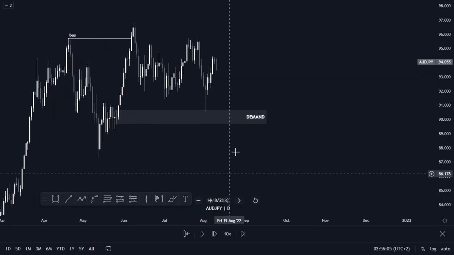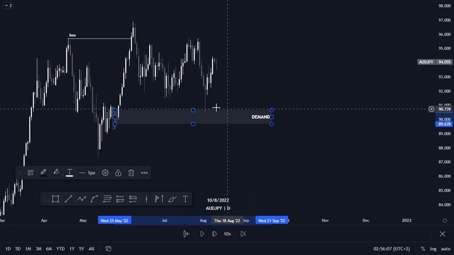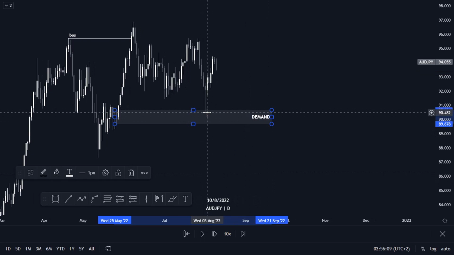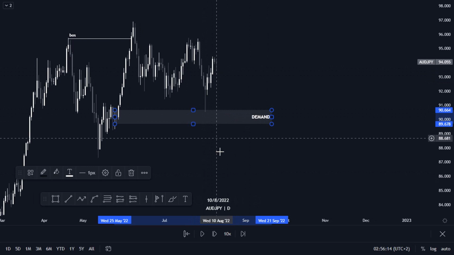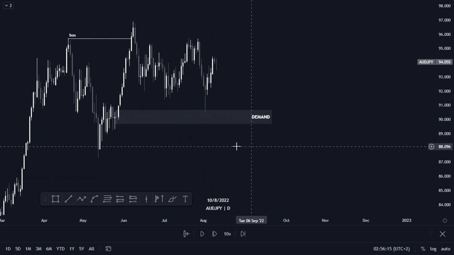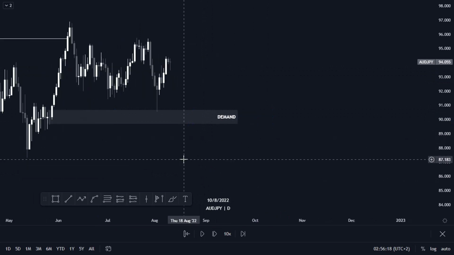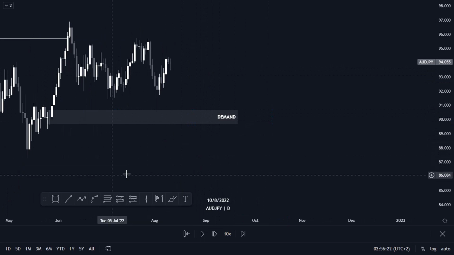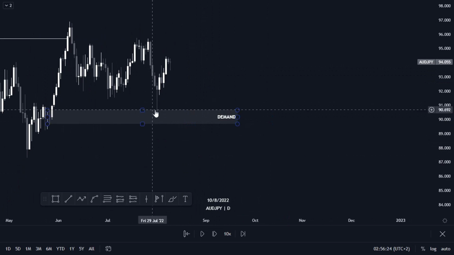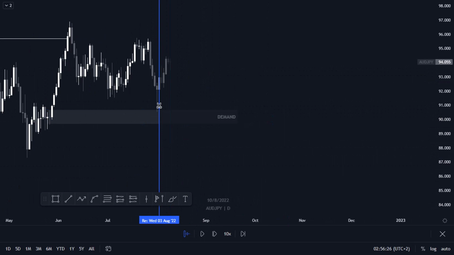So eventually price taps into our demand area and pushes to the upside. So now we're looking for confirmation entries. Let's scale into the lower time frame and look for confirmation entries at this entry here.